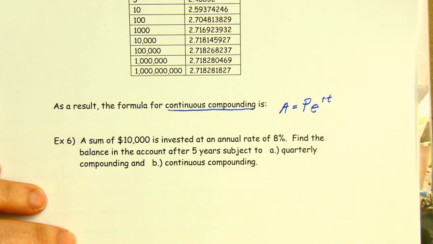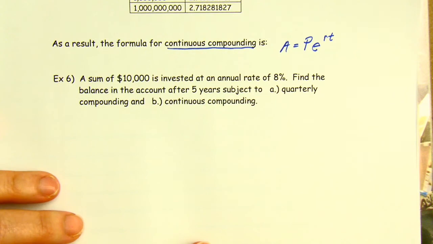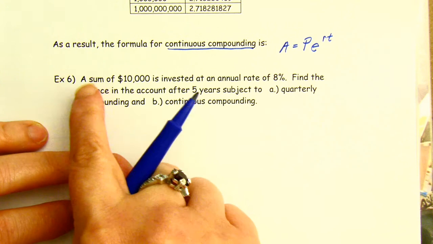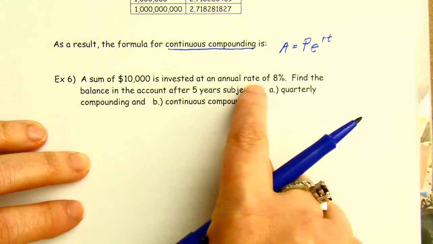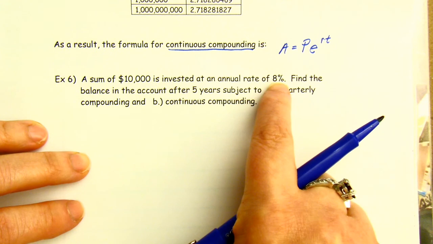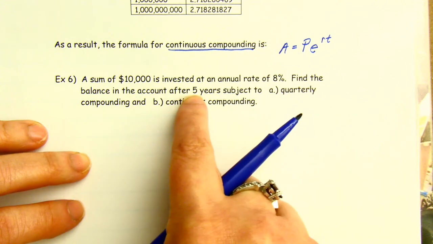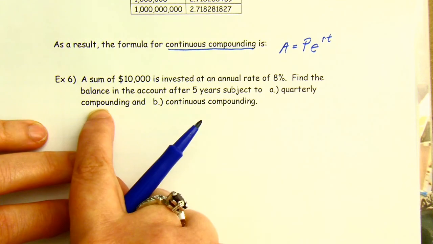All right, so let's look at our application problem using these formulas, and let's see what it's asking us to do. A sum of $10,000 is invested at an annual rate of 8%. Find the balance in the account after 5 years, subject to quarterly compounding and then continuous compounding.